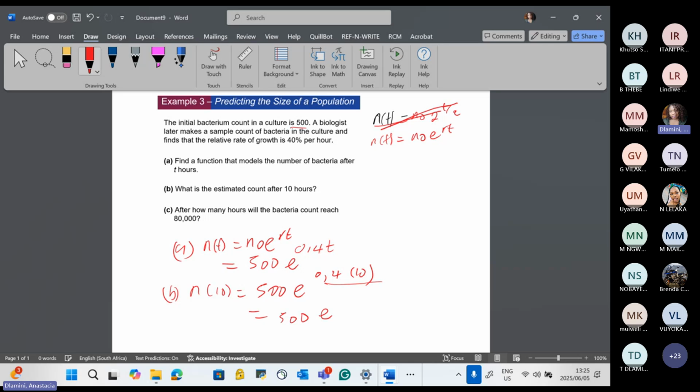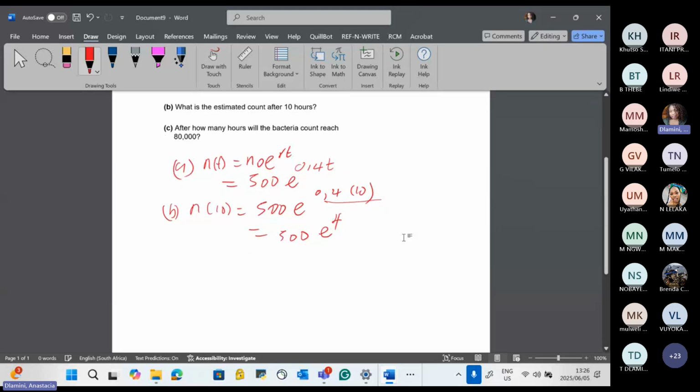It will be e to the power of, e to the power of what, guys? 0.4 times 10, I think. It's going to be e to the power of 4. Yes. We're not using calculators, guys.